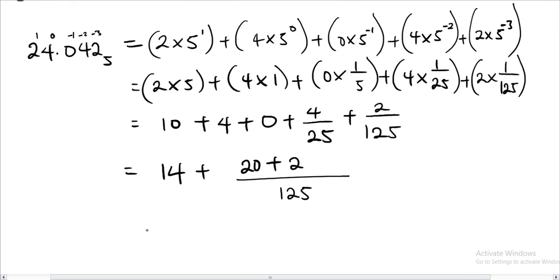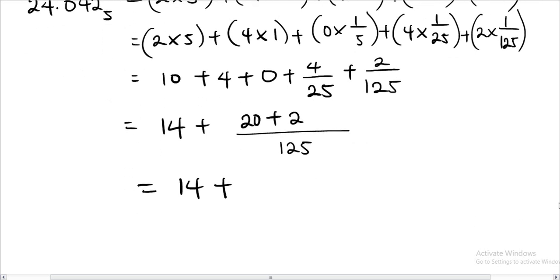So this simplifies to 14 plus 20 plus 2, which is 22 over 125, equal to 14 whole number 22 over 125.